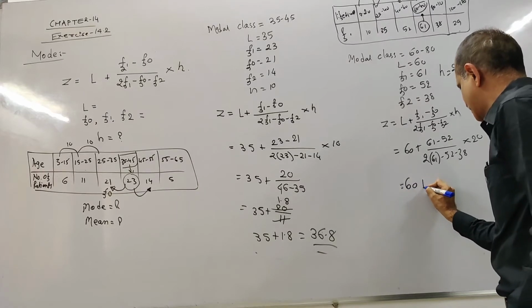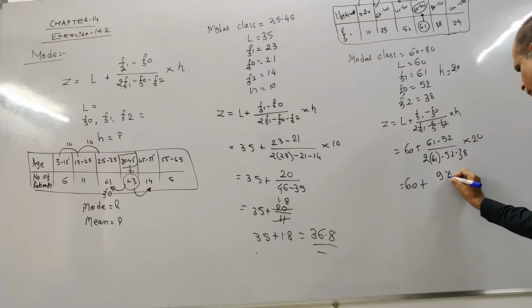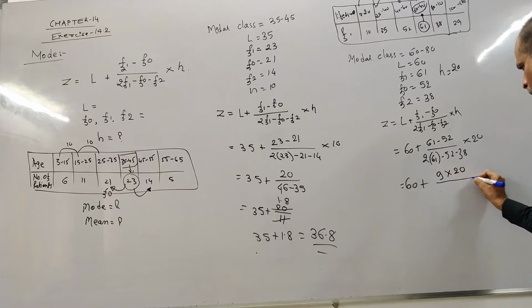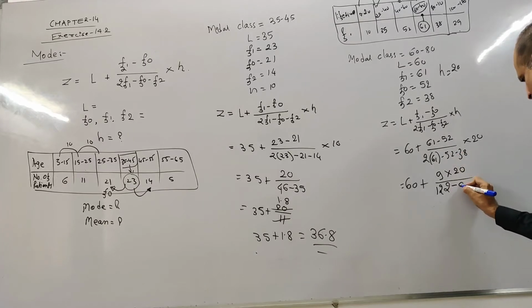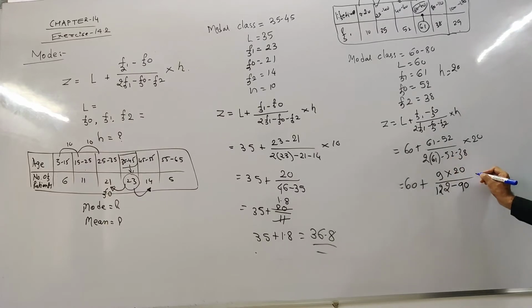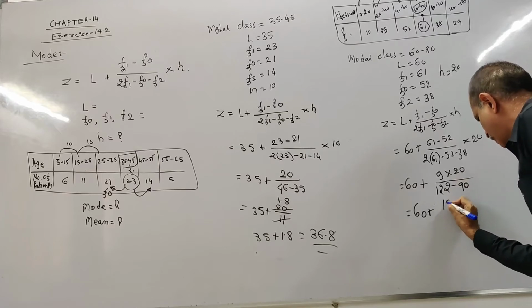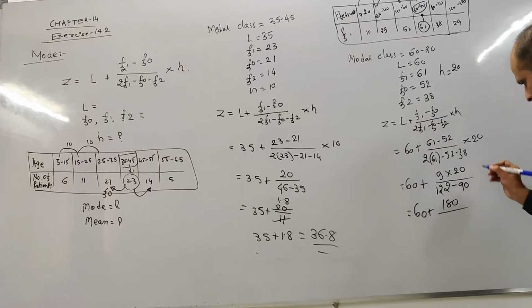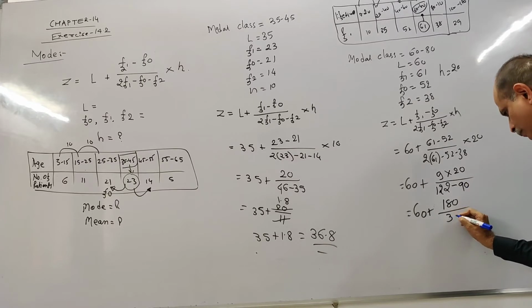So the final answer is 60 plus 61 minus 52, so 9 into 20 upon 2 times 61 is 122 minus 90, which means 32. So the answer is 60 plus 9 times 20 is 180, 180 upon 32.